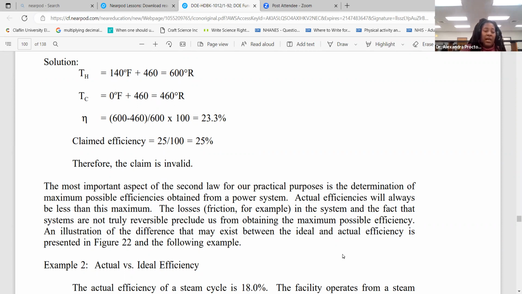So sometimes people want to have, it's ideal to have a 100% efficient system where all of the fuel, for example, is converted into work. That would be great, but that's not what happens in reality. An illustration of the difference that may exist between ideal and actual efficiency is represented by figure 22.